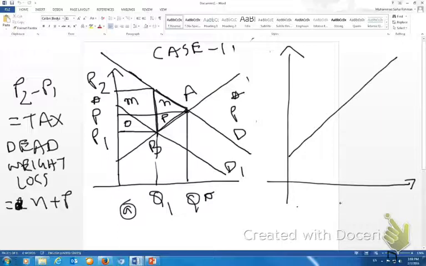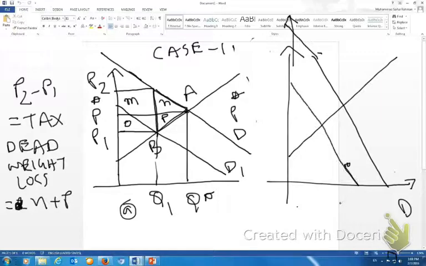I'm gonna make these demand curves a little bit inelastic, so let's just think about it like that. And then this is the new original demand curve, D. I will be having the same kind of shift of the demand curve, so it's gonna be like that.